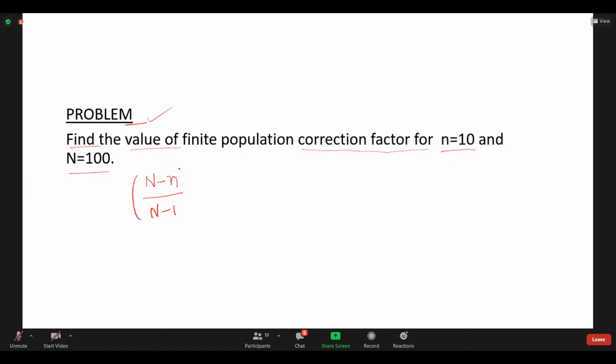This is the population correction factor. In the question, they gave capital N and small n. This is a short question. You just have to remember that formula and substitute the given values. What are the given values? Yes, that is the right answer. This is the population correction factor.